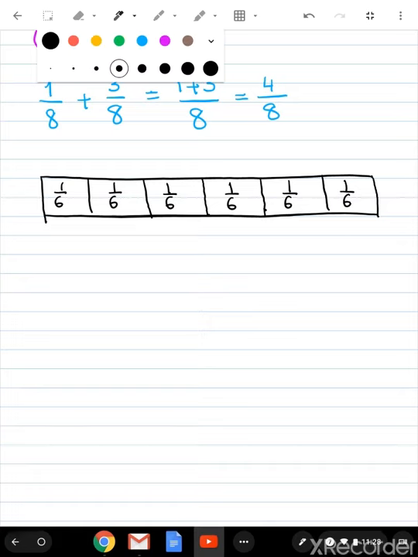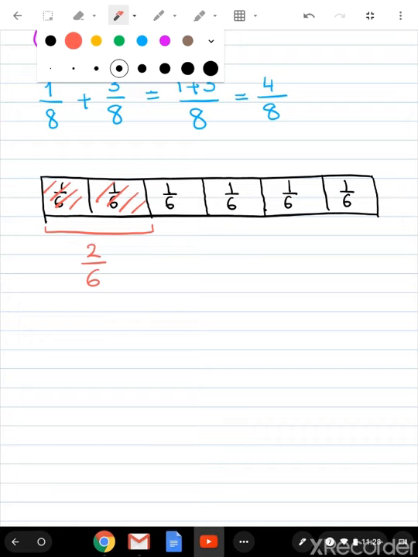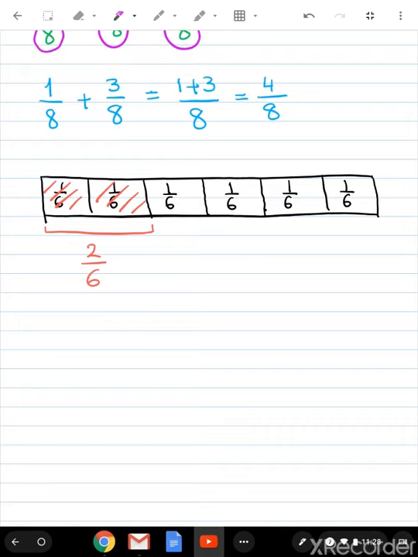Now see, if we shade here the first 2 parts, this means that the part we shaded here is 2 out of 6. Then I will shade or add 3 parts.